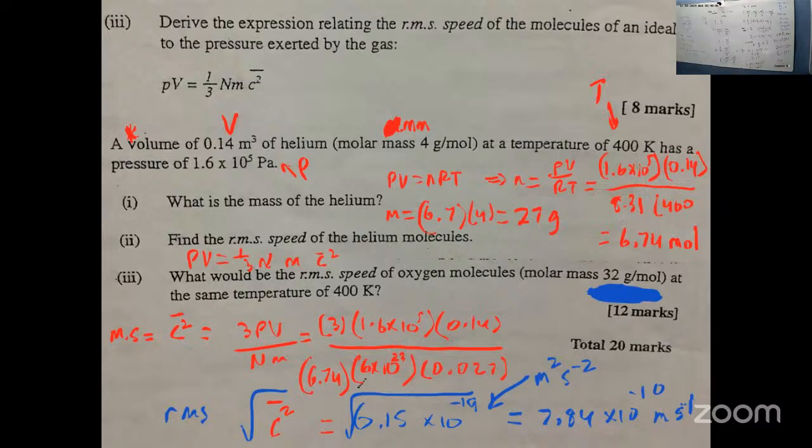I got 2.78 by 10 to the minus 10. I got 2.78 by 10 to the minus 10 meters per second, right? Yeah. Let's go again.